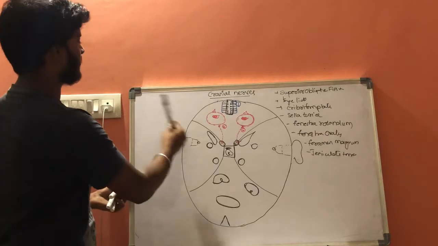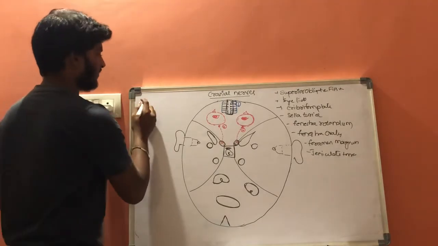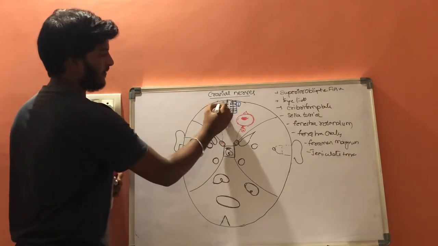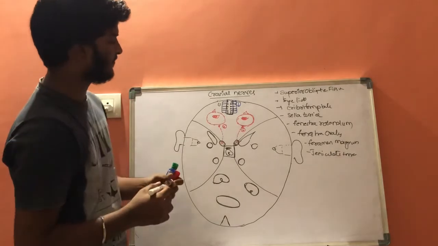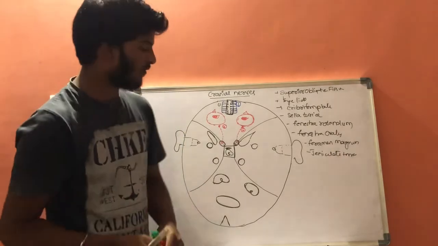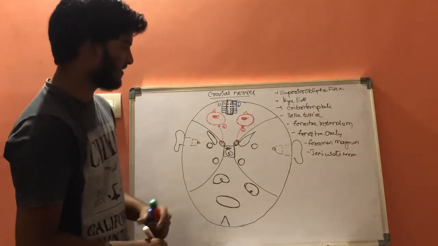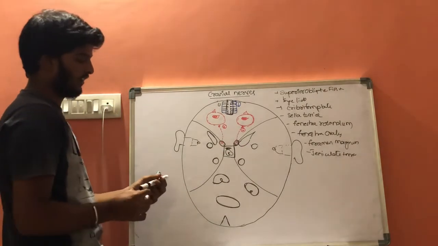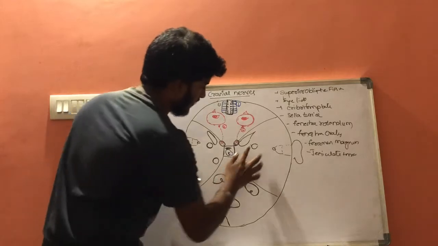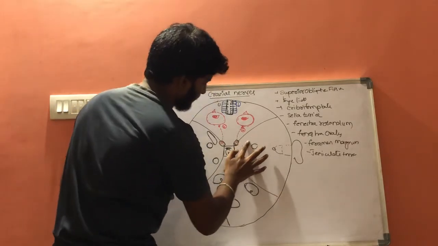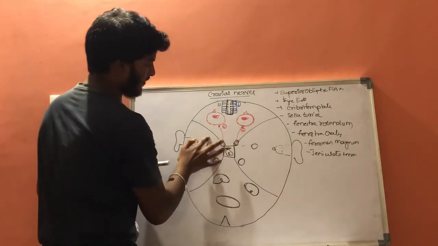Let us write the nerves again here. Okay, these are the first type. And where do the third, fourth, fifth, sixth nerves are present? Let us draw this diagram a little bit bigger.